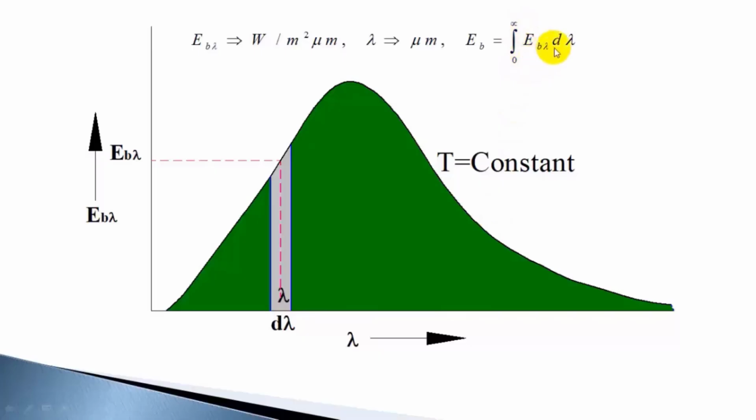E_bλ multiplied with the differential wavelength gives watts per meter square, that is, energy emitted per unit time per unit area. Integrating that from 0 to infinity gives the total emissive power. That means you are considering all possible wavelengths of emitted radiation at that particular temperature. Finally, it leads to the Stefan-Boltzmann law. You will get E_b as sigma T to the power of 4.